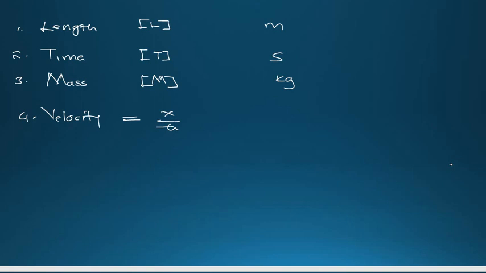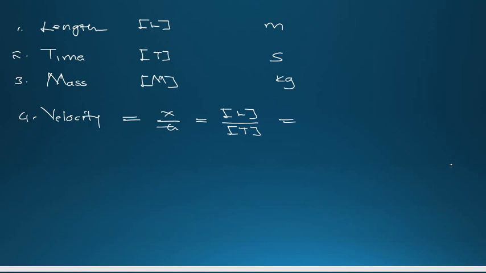Okay, so the displacement is same as length. So x is going to be replaced by L and t by time to show the dimensions of velocity.